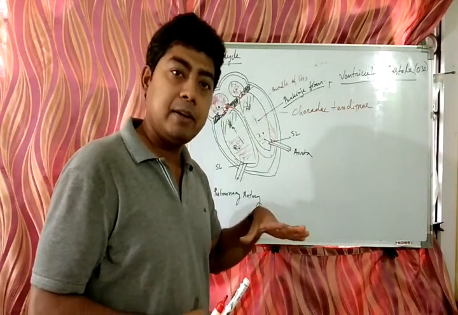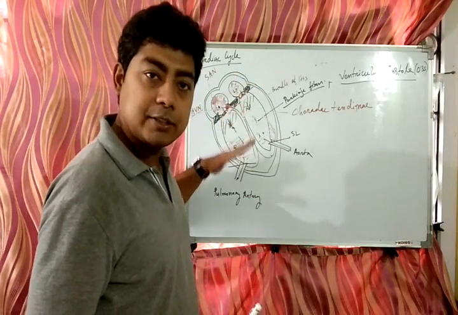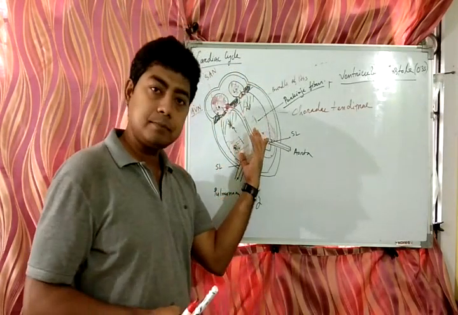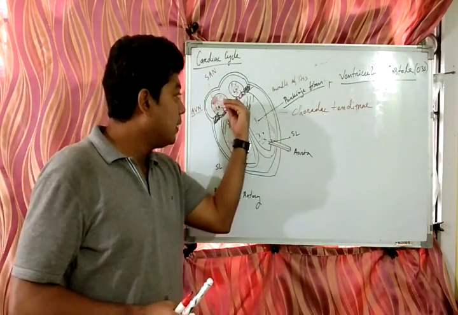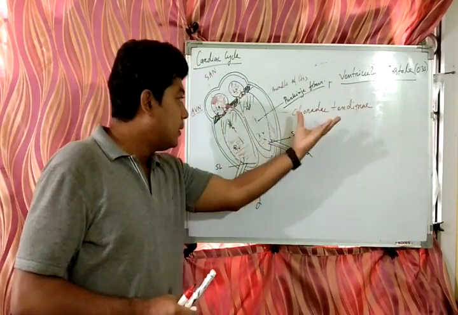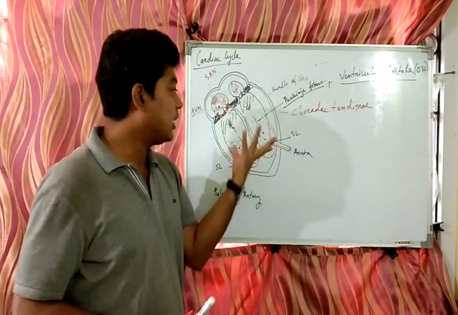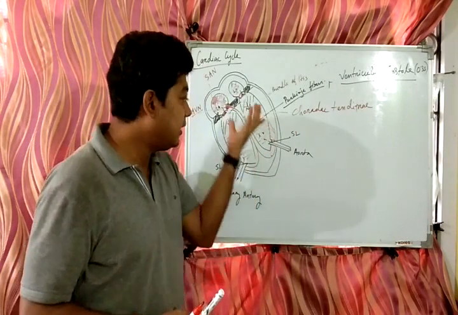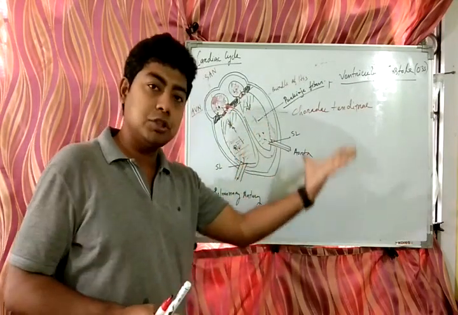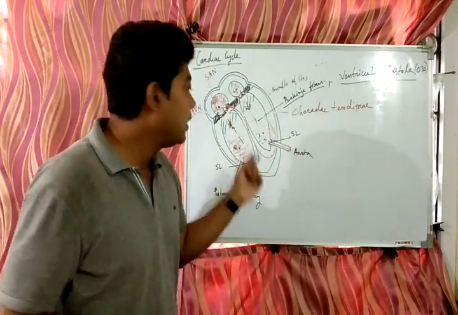After that, again the same atrial contraction fills another 30% of the ventricle. Then through the bundle of His and the Purkinje fibers, the stimulation is created in the ventricular part. Now the ventricle is in systole for 0.3 seconds, and again the blood is moved out accordingly from the right and left.